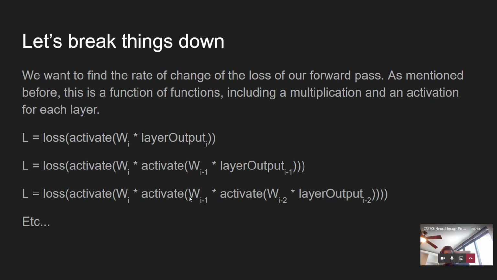So this is a really long function that we have to keep expanding as we go deeper into it. And we're basically trying to find the gradient of that. So the question is, how do you find the gradients of nested functions?